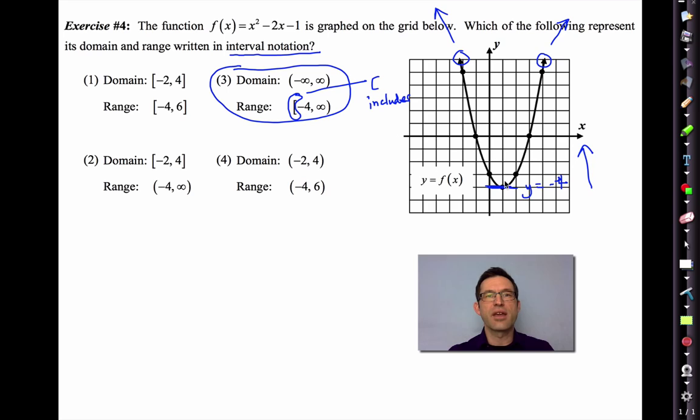So it includes the -4, and then it just goes up forever. So we don't end at infinity. By the way, notice how the infinity has parentheses on it. So square bracket means includes. That bracket means not included. Okay? So I'm going to clear this out.